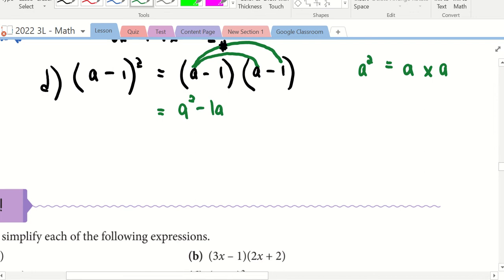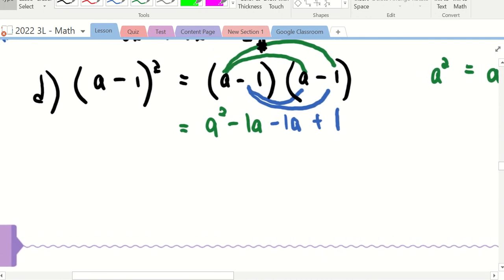Okay, I'm done for the first one. That's why I go to the bottom. Negative 1 times A. What do we get again? Negative 1A. It's the same. The number must come before the letter. Last arrow. What is negative 1 times negative 1? Press your calculator. Positive 1.